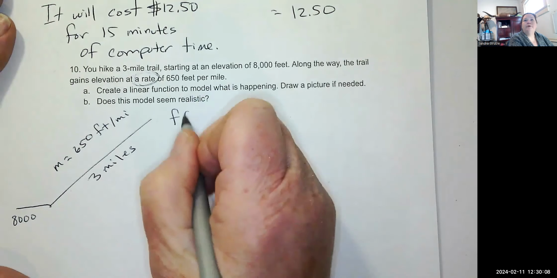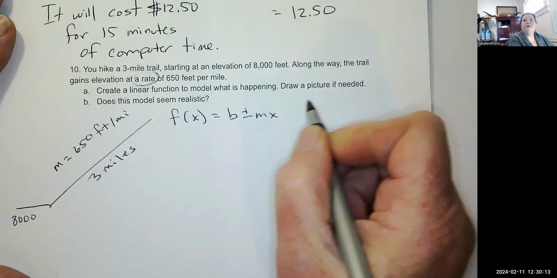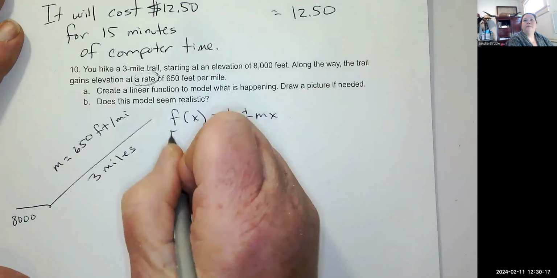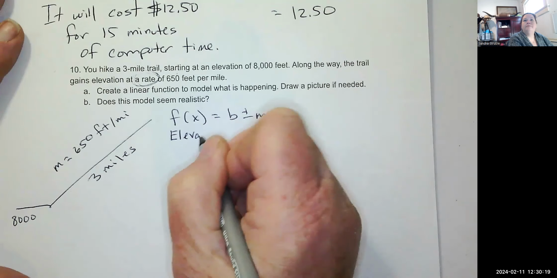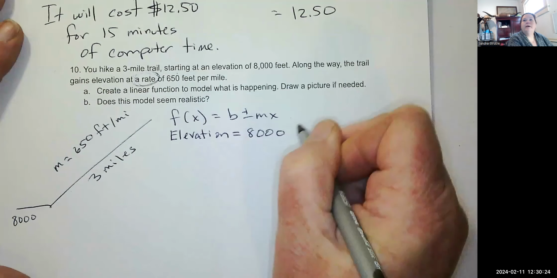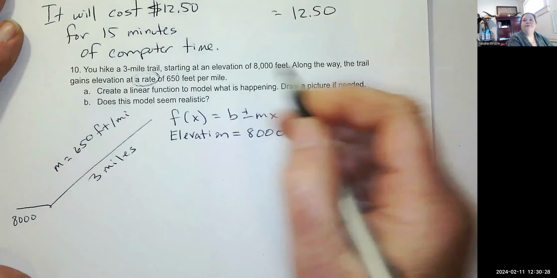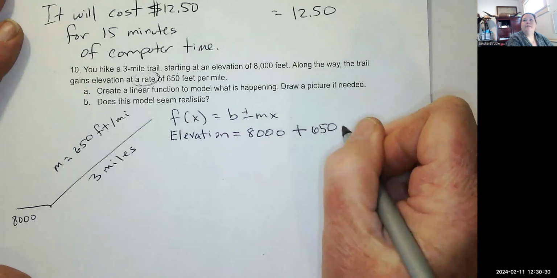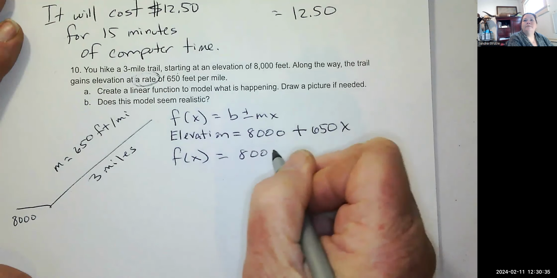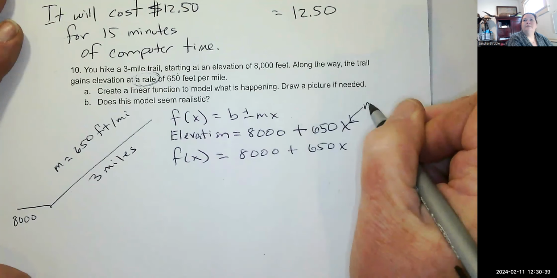We need to create a linear function where the elevation is the f of x. It starts off at 8,000 feet and it's increasing at a rate of 650 feet per mile. So f of x is 8,000 plus 650x, and this is going to be miles.